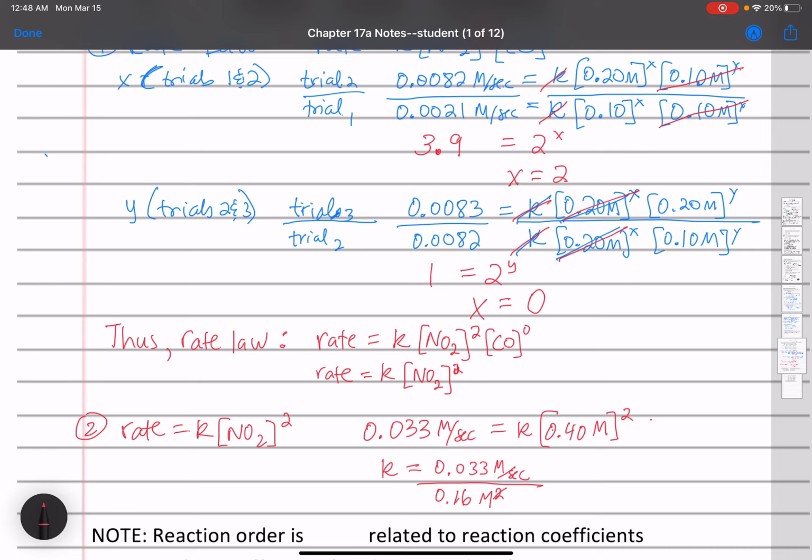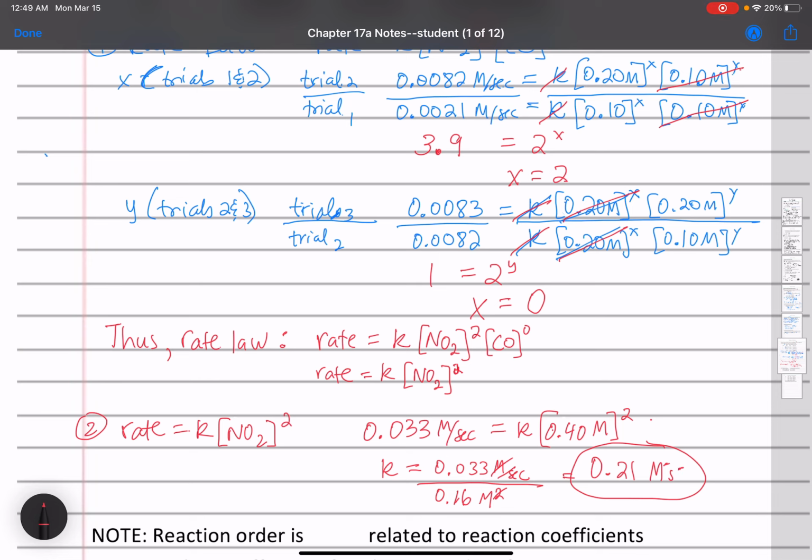So one of these cancels out with that, and we get a value of 0.21 inverse molarity and inverse seconds. And that is the value of our K, with the units of inverse molarity, inverse seconds.